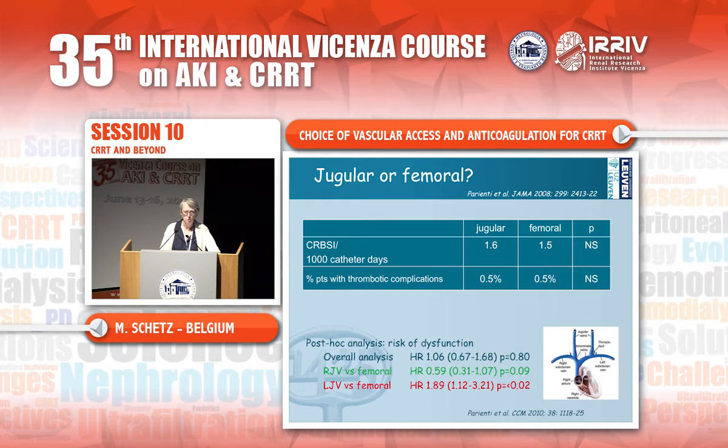But then they looked separately at the right and the left jugular vein, and they found a clear trend for less dysfunction with the right jugular vein compared with femoral, and significantly more dysfunction with the left jugular vein compared with the femoral. And this is also not surprising, because the left jugular vein has to make several curves before arriving here in the superior vena cava.